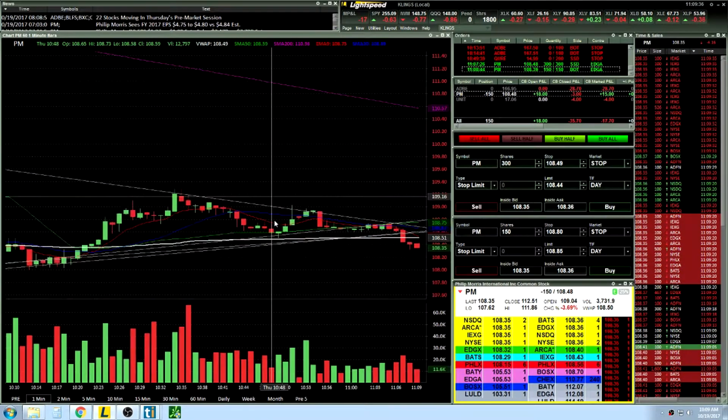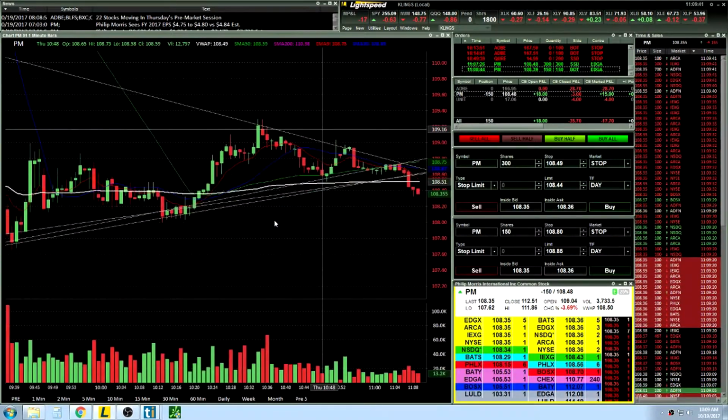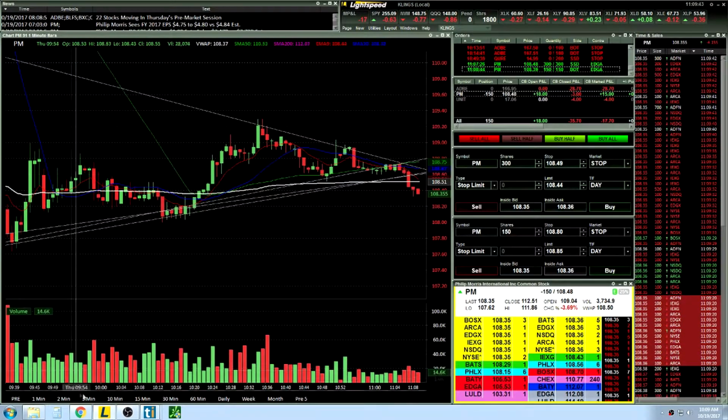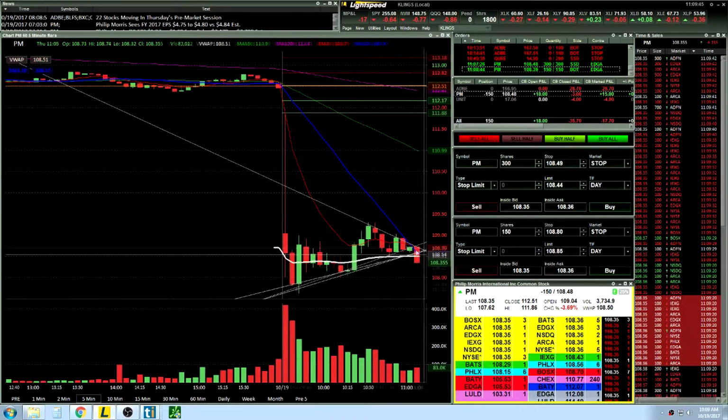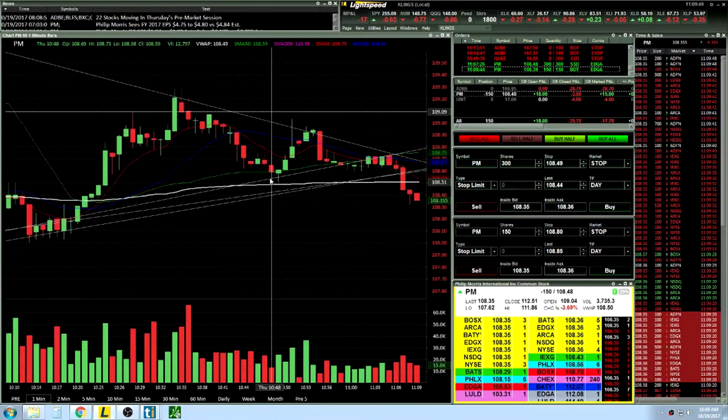But made a new one here, and it looks like it could be a pretty good trade. Also, the 20 and the 9 are starting to come into play here on the 5, so definitely helping it move down.